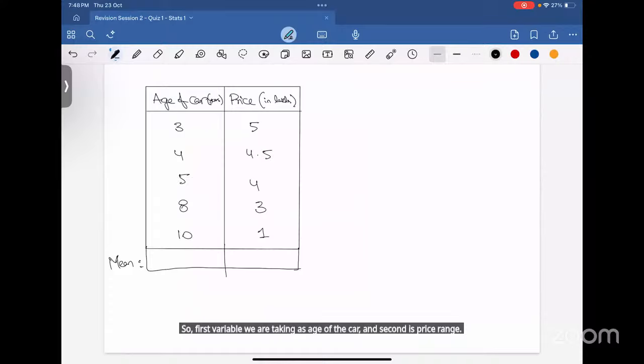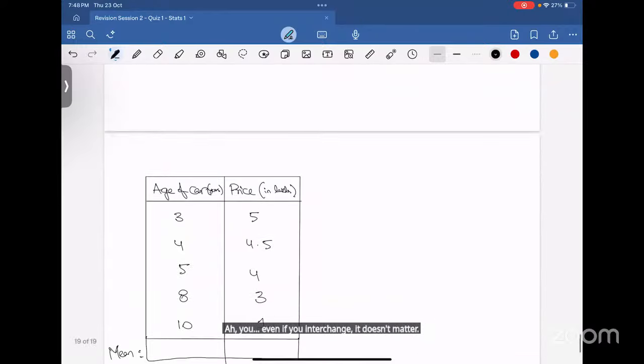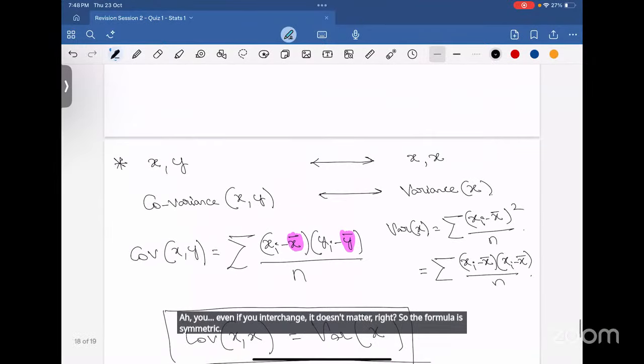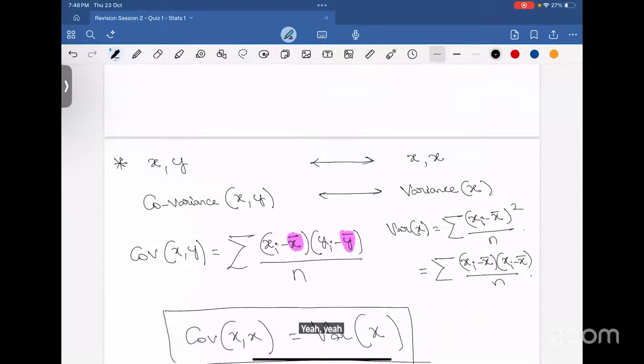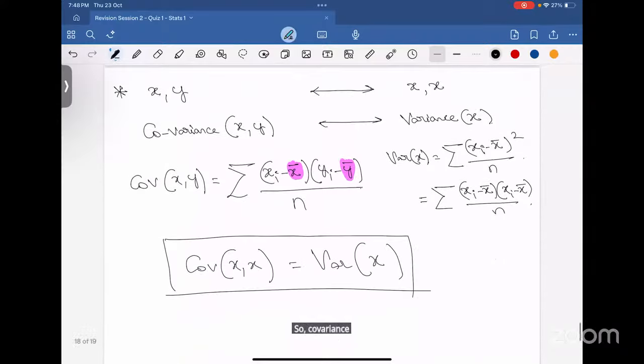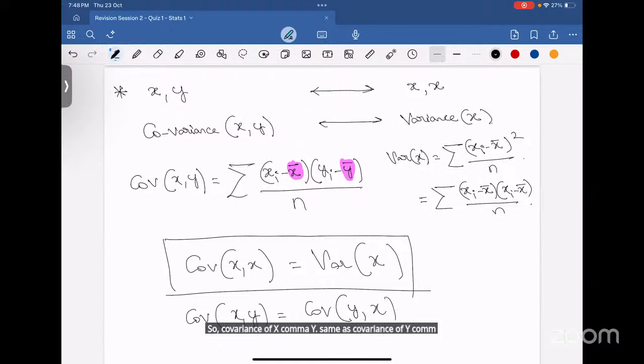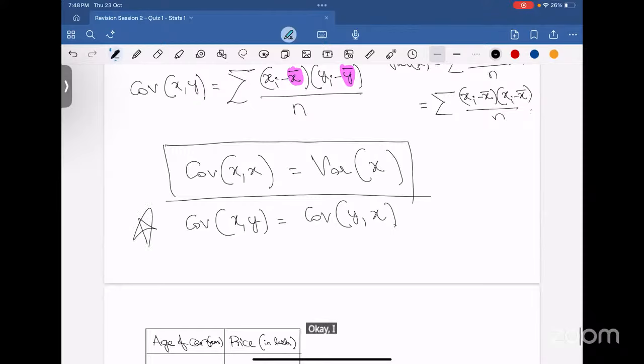Even if you interchange, it doesn't matter, so the formula is symmetric. That is also one property of covariance: covariance of x comma y is the same as covariance of y comma x. It doesn't matter which feature you take first.